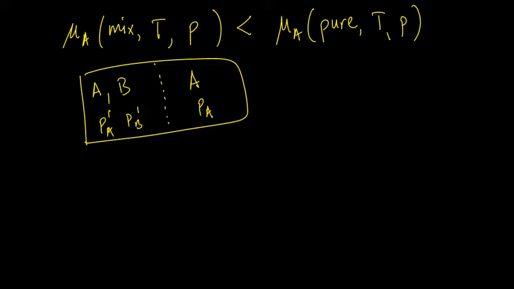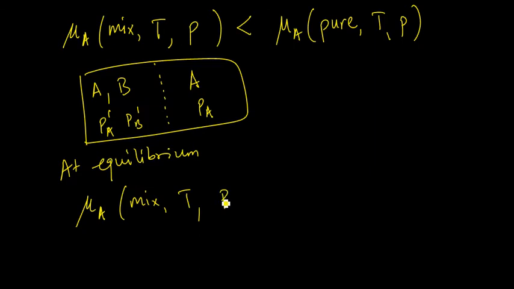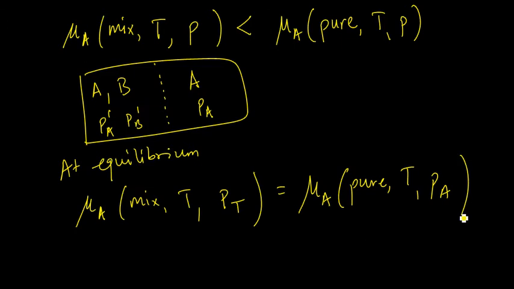So at that point of time, at equilibrium, the Gibbs free energy of species A in the mixture at the given temperature and total pressure, with partial pressure of A and partial pressure of B on the left side, would be equal to the Gibbs free energy of A on the right side, which is pure at temperature T and partial pressure of A.